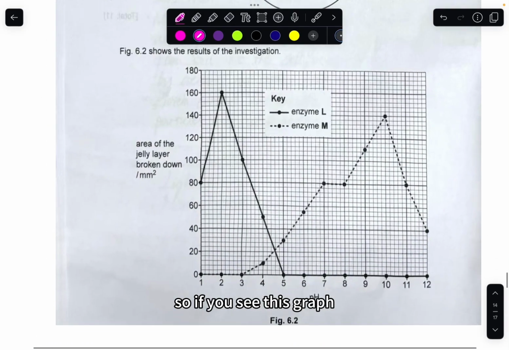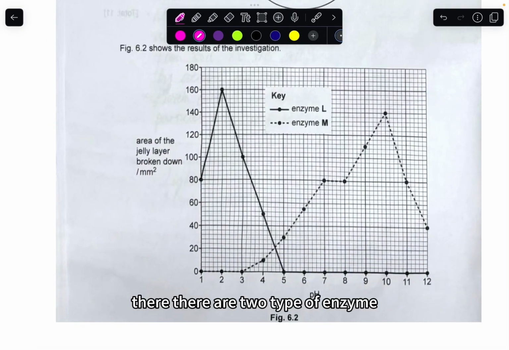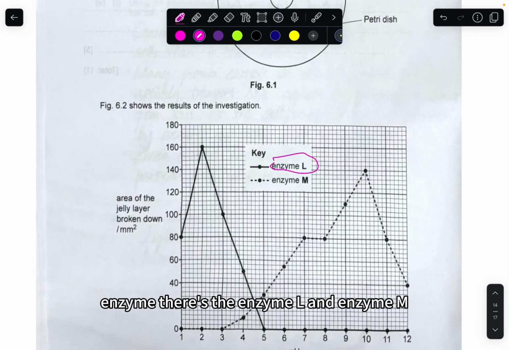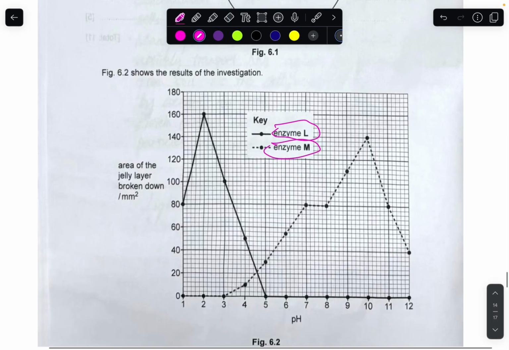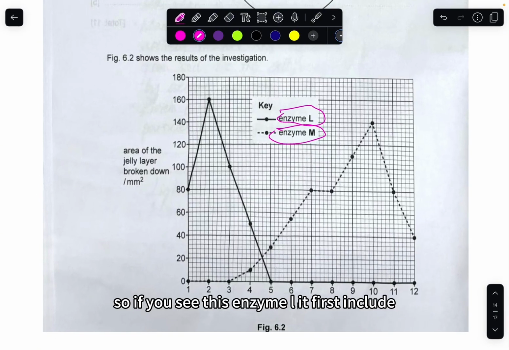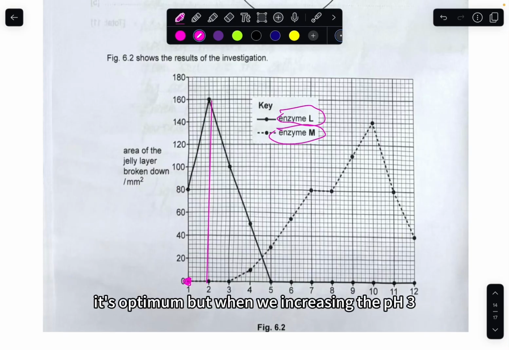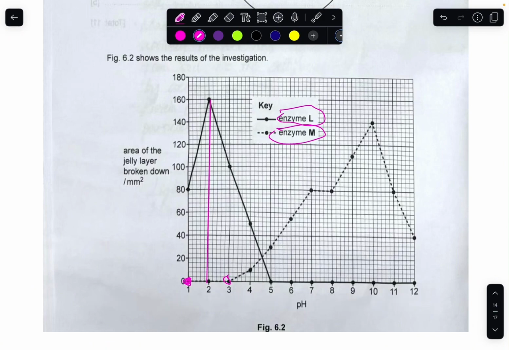So if you see this graph, there are two types of enzyme, enzyme L and enzyme M. For enzyme L, its activity is low when the pH is 1, but at pH 2 the activity is very high, it is optimum. But when we increase the pH to 3 or 4 or 5, it becomes 0.